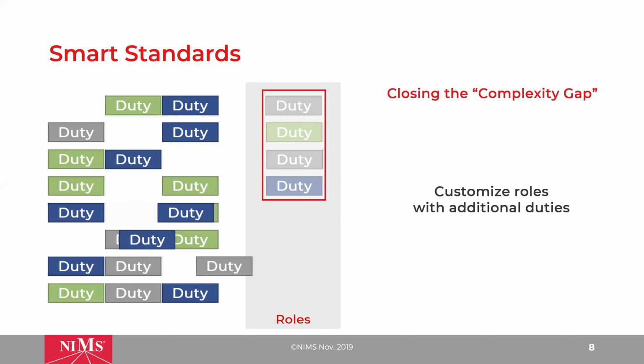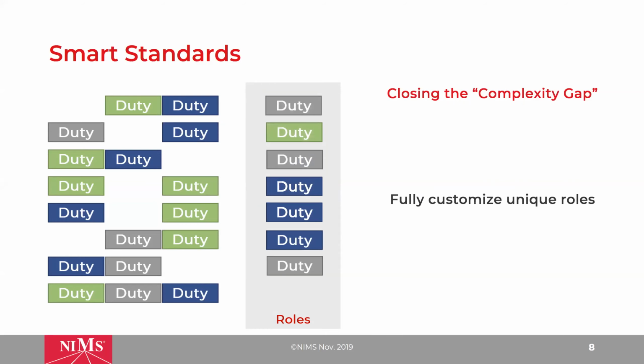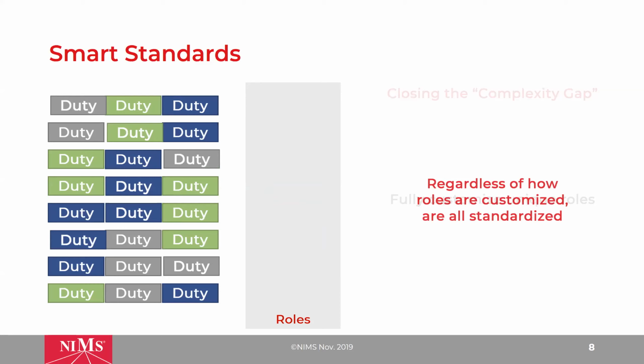And so bringing over duties allows you to customize roles. And you can fully customize by going outside of the normalcy of what's expected within or generally accepted across an industry. And of course, you can just slide them all out and you can start all over.